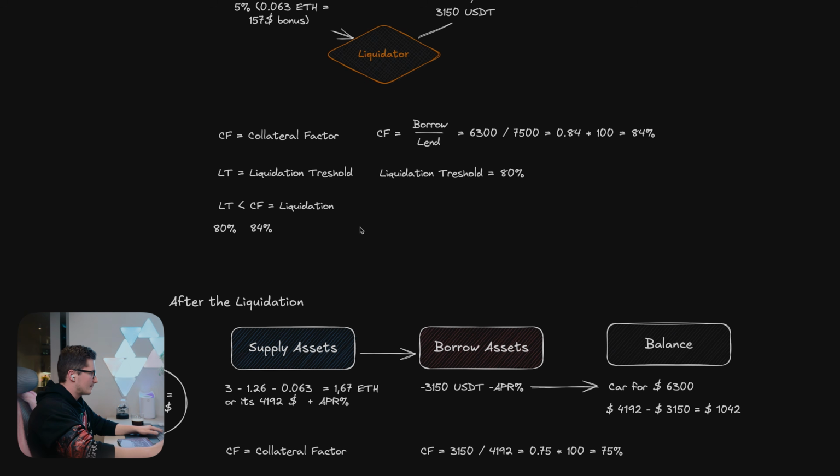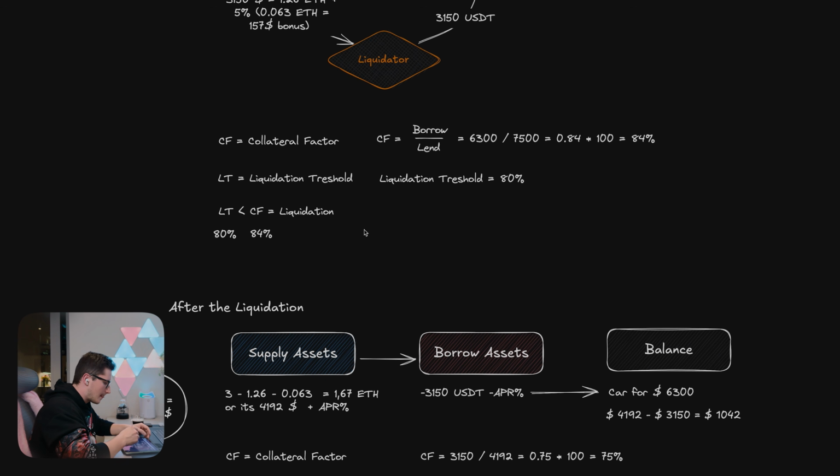The remaining situation in your position: let's calculate how much ETH you will have here. You had 3 ETH before, minus 1.26 because it was taken by the liquidator, then minus 0.063, the liquidator bonus. And this is the rest, 1.67.